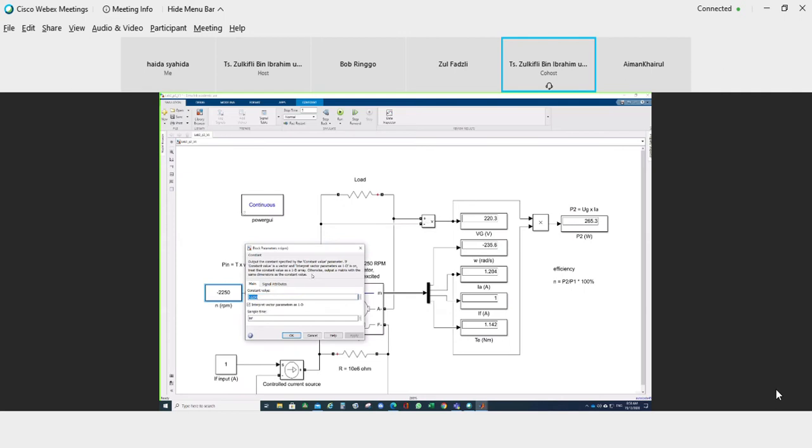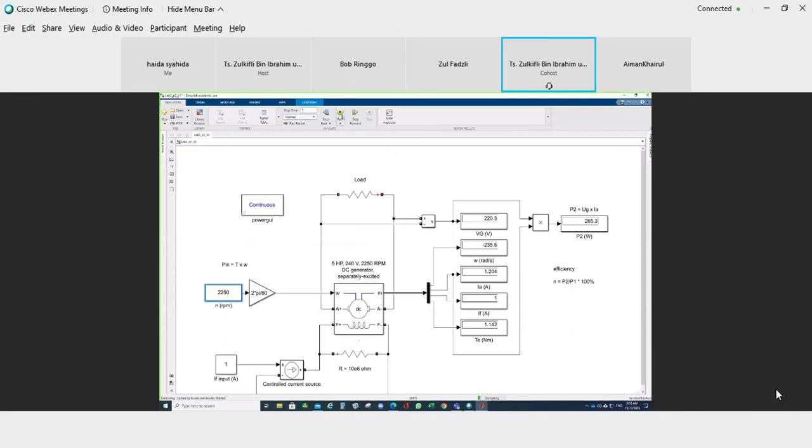Let's say if you put 1 to 100 positif kan. Sorry, kalau kamu letak 2250 positif, so kamu akan dapat negatif kat sini. Ni pun negatif. So you have to think lah. Still output power.